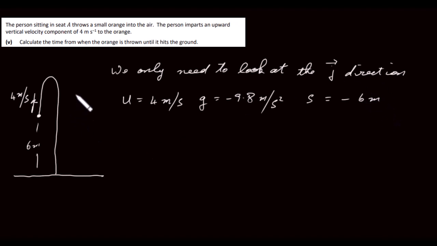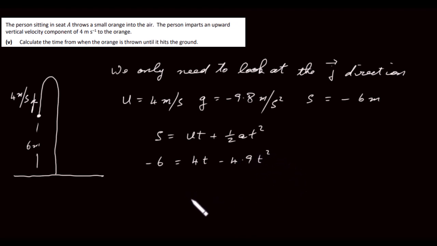So we're looking at upwards, if you like, being the positive direction. Okay, so we're going to use s is equal to ut plus half at squared. So our distance is minus 6, our initial velocity is plus 4. We want to work out the time. It's going to be minus a half of 9.8, so that's minus 4.9, and it's t squared.